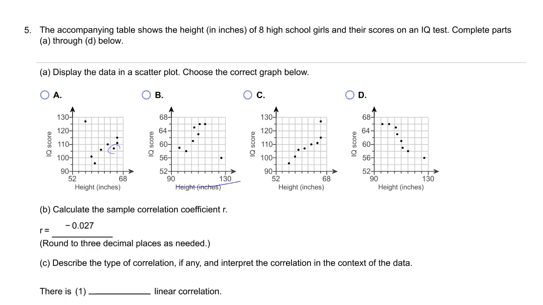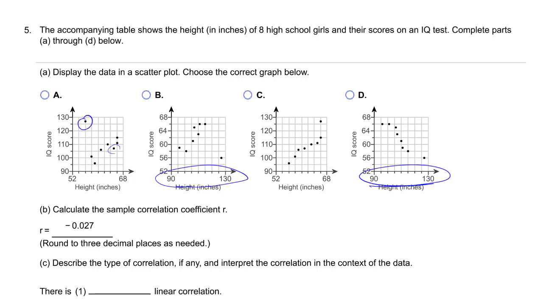Oh, this is even in the wrong range there, as is this one, so it's got to be A or C. One interesting point is we could see which one has this point.